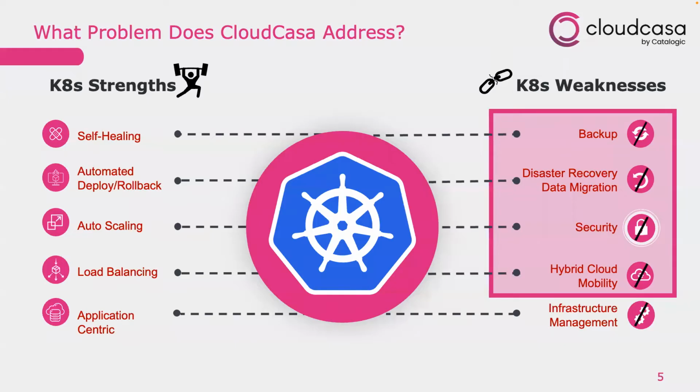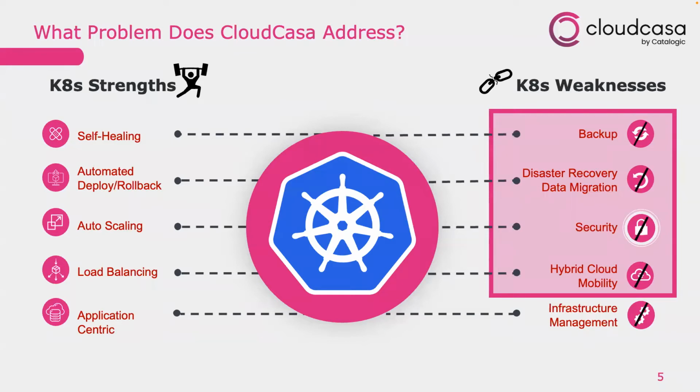So what problems does CloudCasa address here? Nowadays everybody knows Kubernetes is so popular. There are a lot of advantages, a lot of strengths listed here on the left-hand side. I'm not going to talk about them one by one, but I want to highlight Kubernetes also has its own weaknesses.